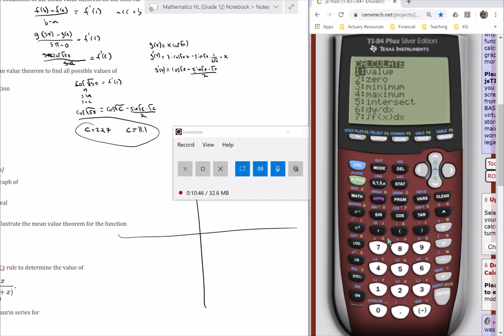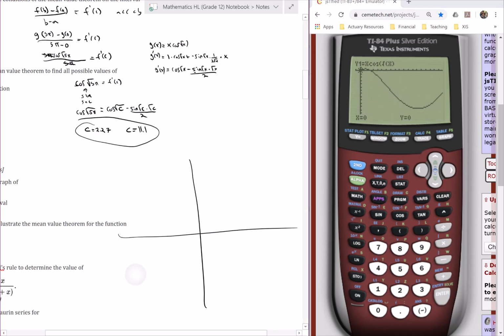If we want the y-intercept, we just need a value. When x is 0, that will give you a y-intercept. At 0, it's 0, so we know there's a y-intercept at 0. So we can go ahead and mark that at 0, 0. We need an x-intercept, which we're going to find by doing second trace number 2. Option 2 is 0. For this, you need to go left bound, which means you just need to make sure your cursor is left of the 0.